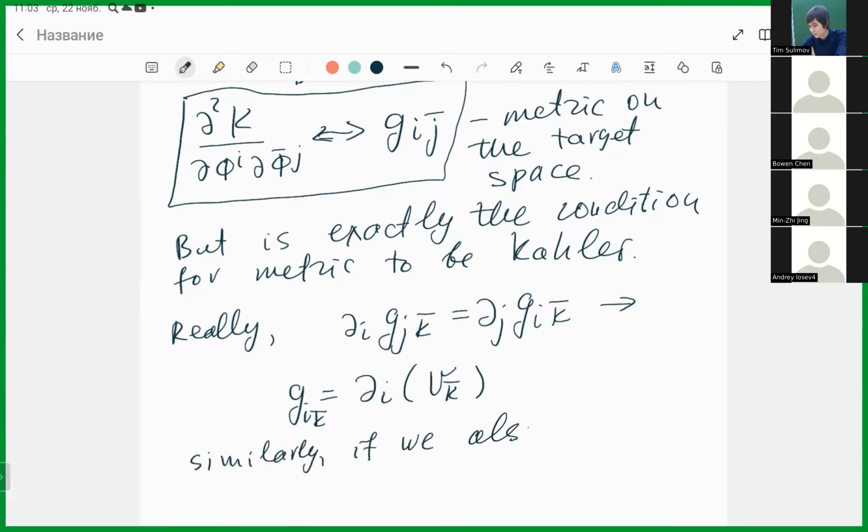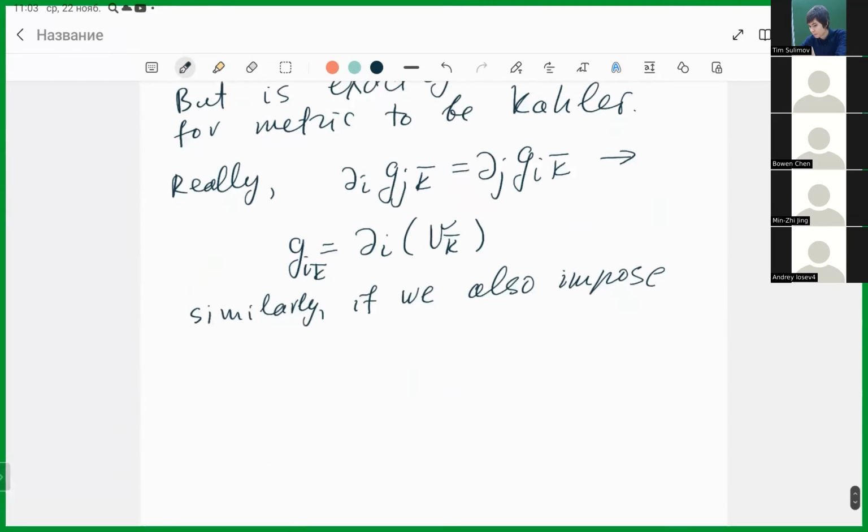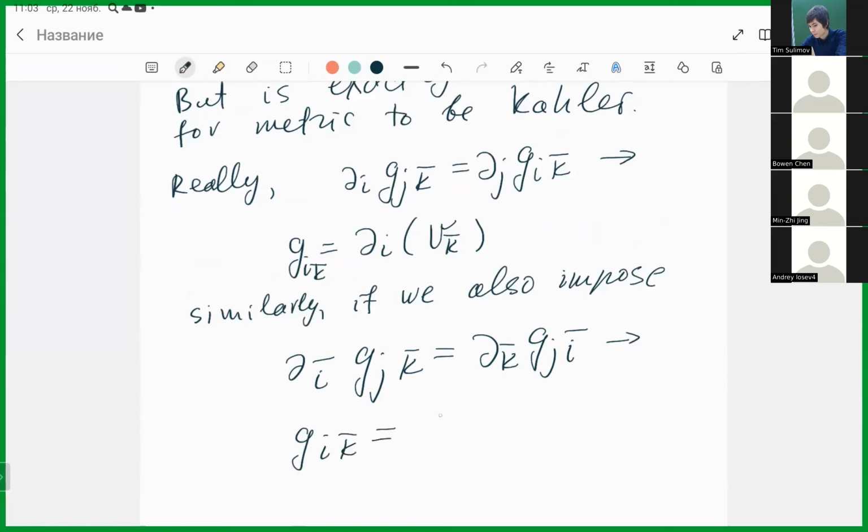If we also impose di bar gj k bar equals dk bar gj i bar, it would mean that g i k bar is dk bar of something bi.